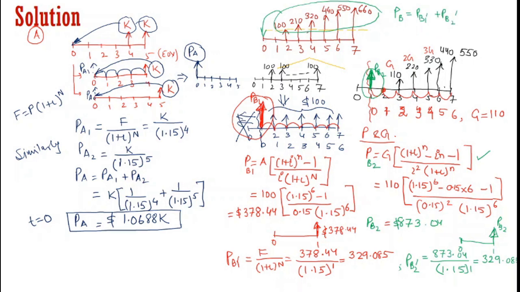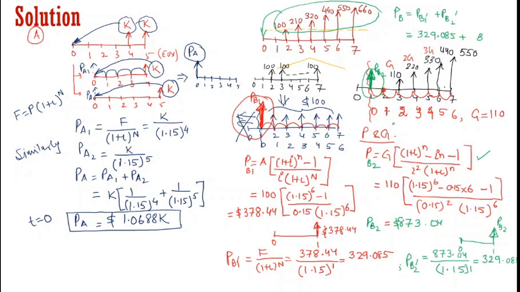Since both the arrows are in the same direction, we are adding them. If they are in opposite directions, then subtraction is to be done.